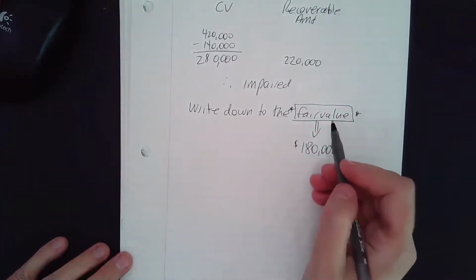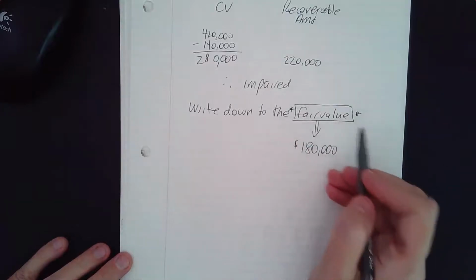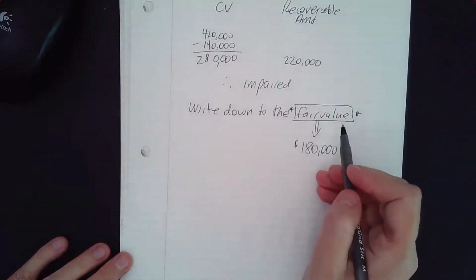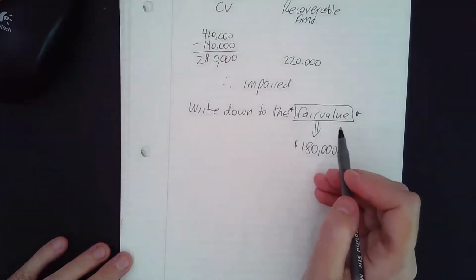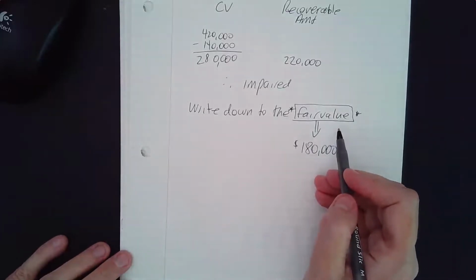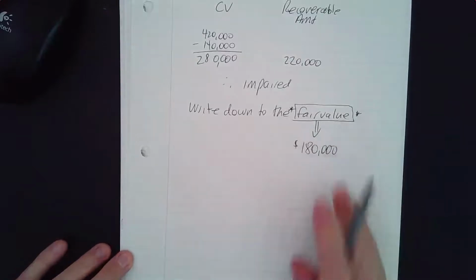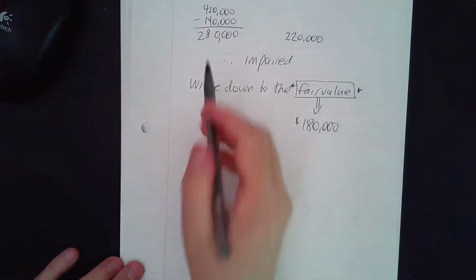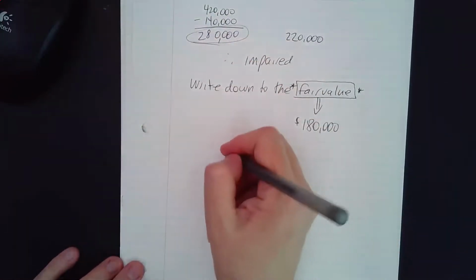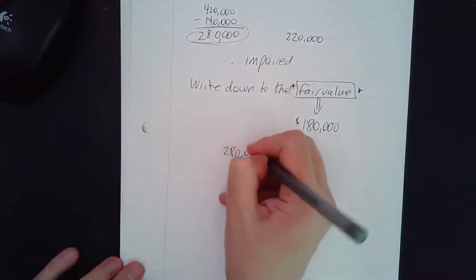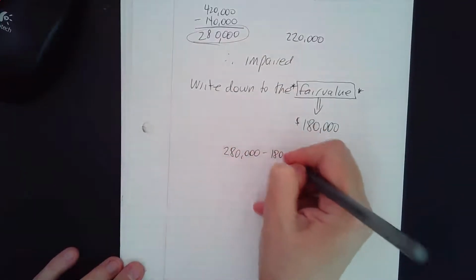Okay, that's what we think the fair value is. Now, again, is fair value less cost to sell? That's a matter for professional judgment. It simply says fair value, and how you determine fair value, they give you a few examples, but that's all it says. It doesn't say what that means. All right, so now don't forget, I'm sitting at 280, so I've got 280,000 minus the 180,000.